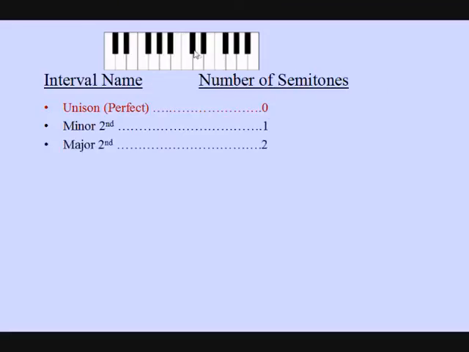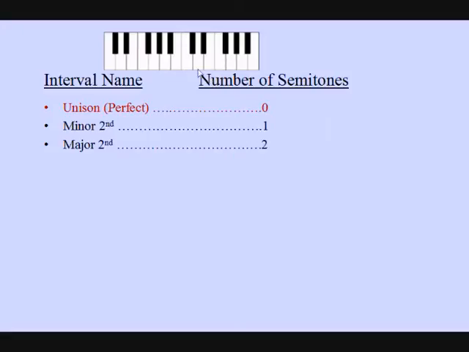Suppose I have a C sharp and a D sharp here. If I count the semitones between them, I count 1, 2. That means that we are facing a major second.